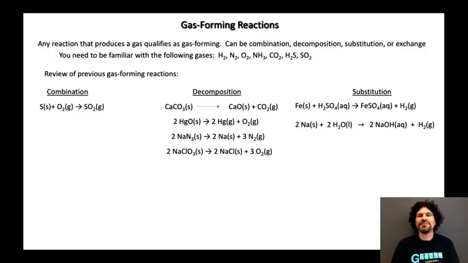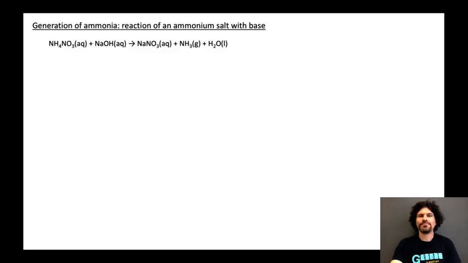And then we have seen some substitution reactions, in which metals react with either water or acid to give off hydrogen gas. The other gases on the list, NH3, CO2, and H2S, can all be generated by acid-base reactions, which we are treating as a sort of exchange reaction.